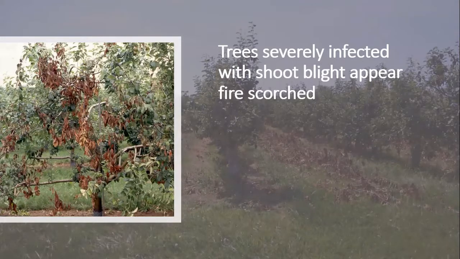And depending on the severity of the shoot infection, the trees can actually look almost as though they're fire scorched, or as though someone set fire to those trees, with the number of shoots that can be affected.